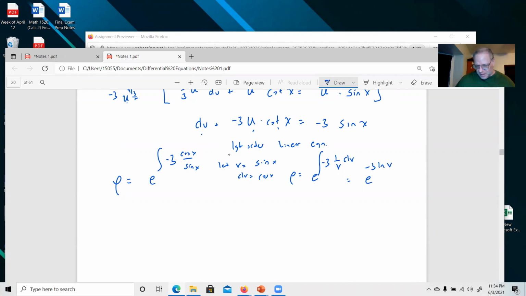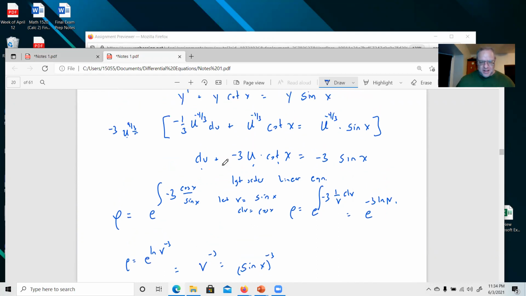Technically there are absolute values here, but we'll show you in a minute. Then rho is e to the natural log of v to the negative 3, which is v to the negative 3, so this is sine x to the negative 3 power. That's my integrating factor. That looks lovely.